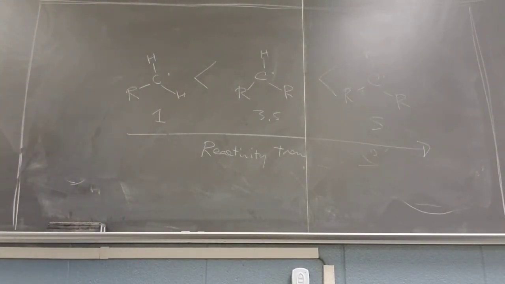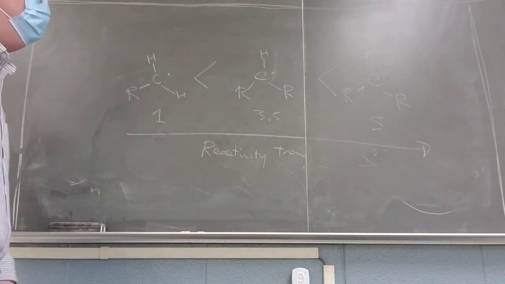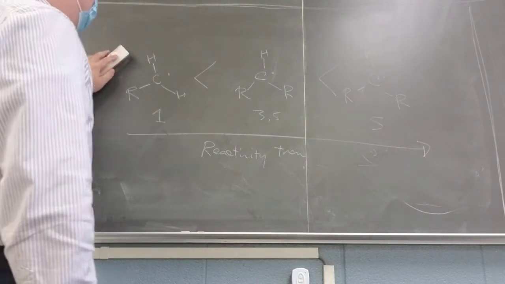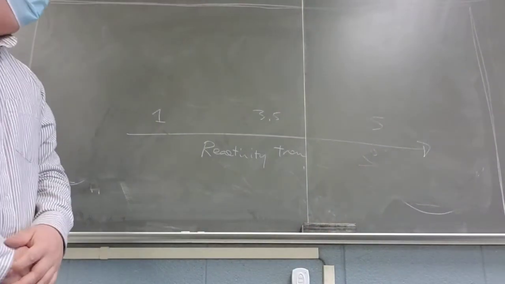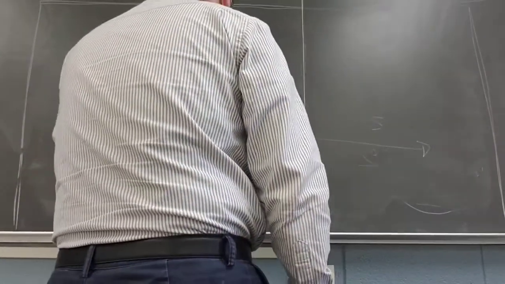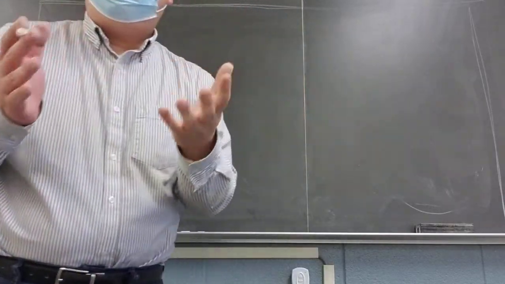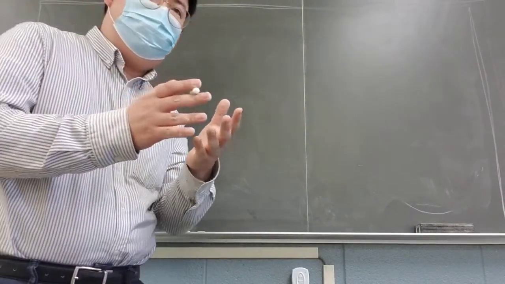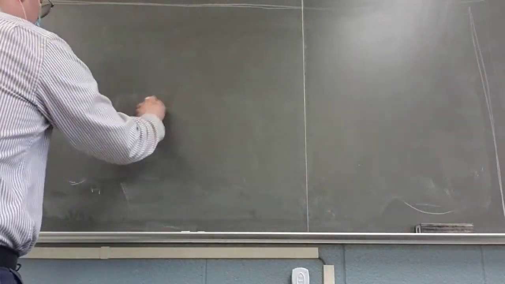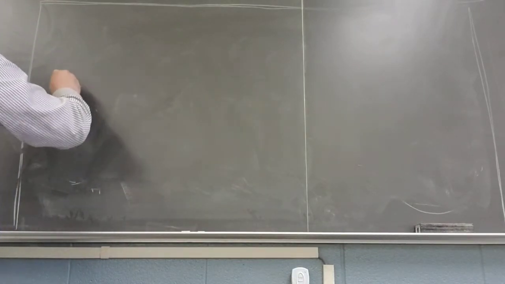So the scientists tried to find out the reason why. They actually tried to find out the stability of the radical form. They did it by measuring how much energy it takes to make the compound a radical form. So I can draw something. Okay.